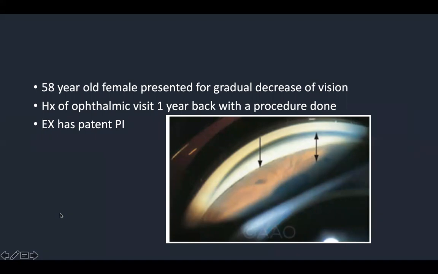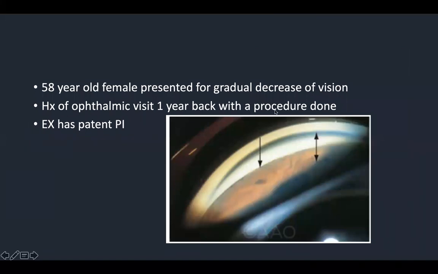Okay, this case, I'm just going to review it quickly. It's a 58-year-old female presenting with gradual decrease of vision. She doesn't have significant pain, but she has a history of pain before, where she sought medical advice.